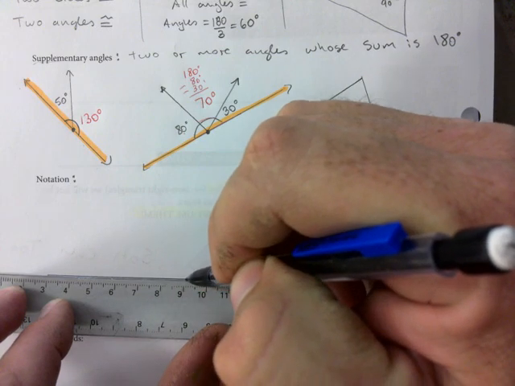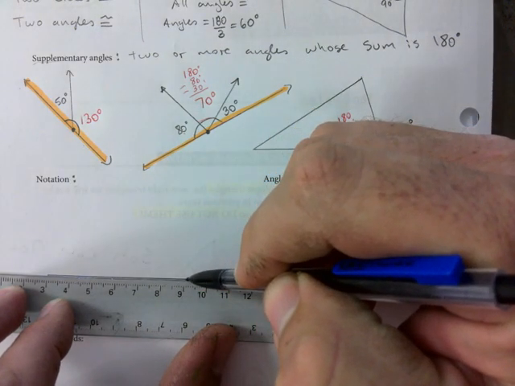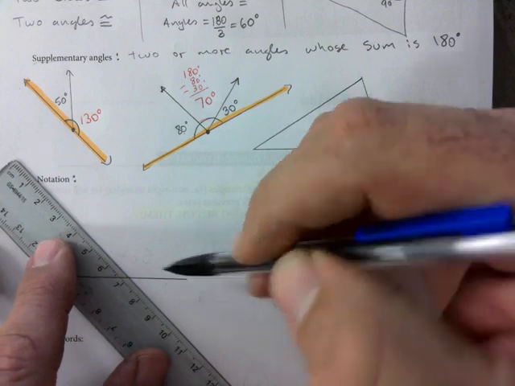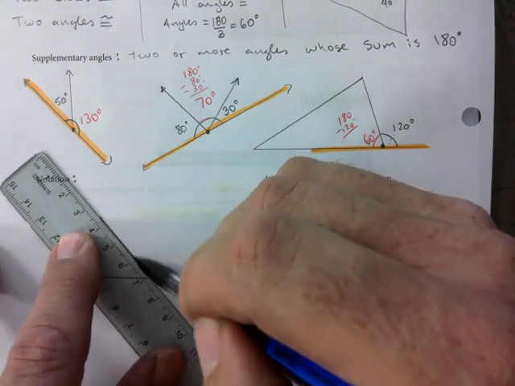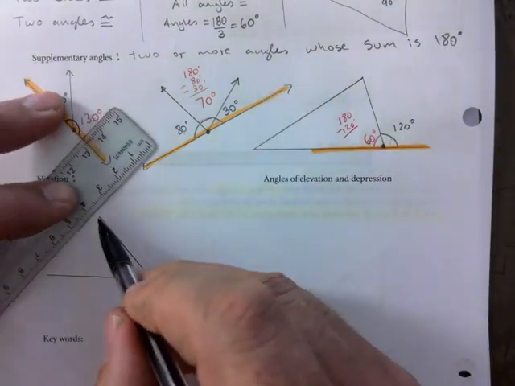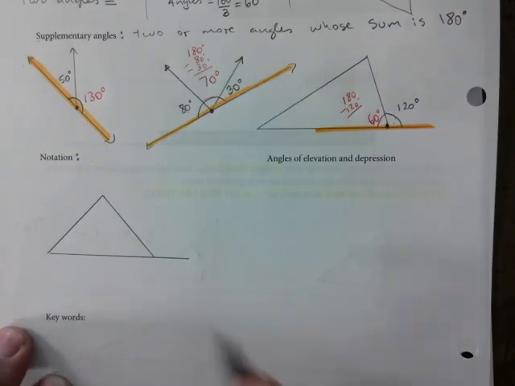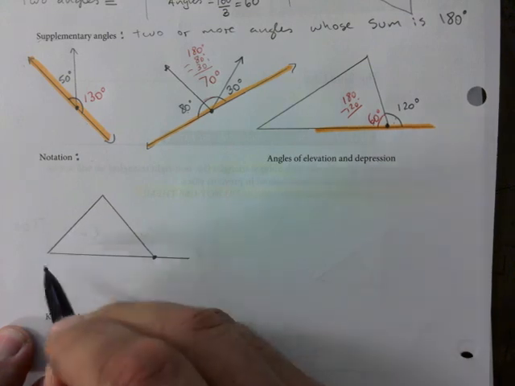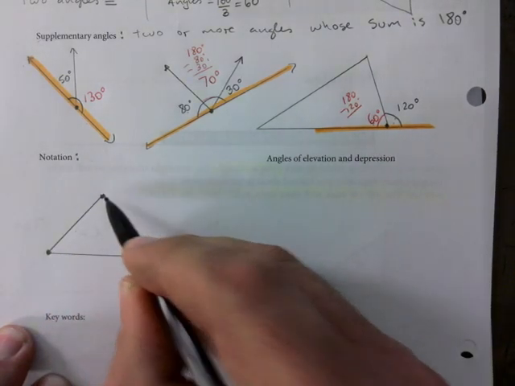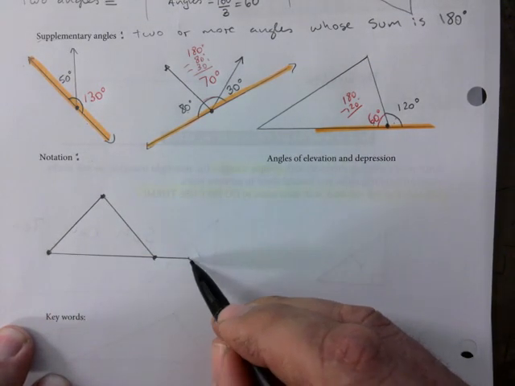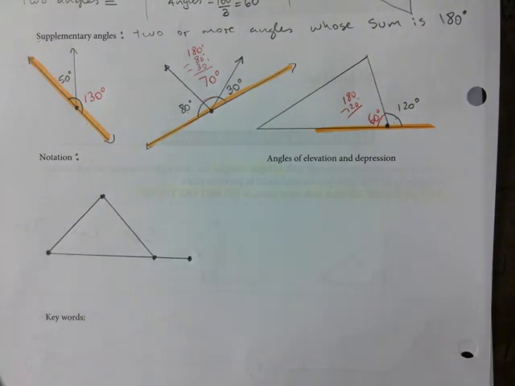So let's say you have something like this. Draw a triangle with a bit of an extension there, and put dots on all corners, even here at the end of that little tail.